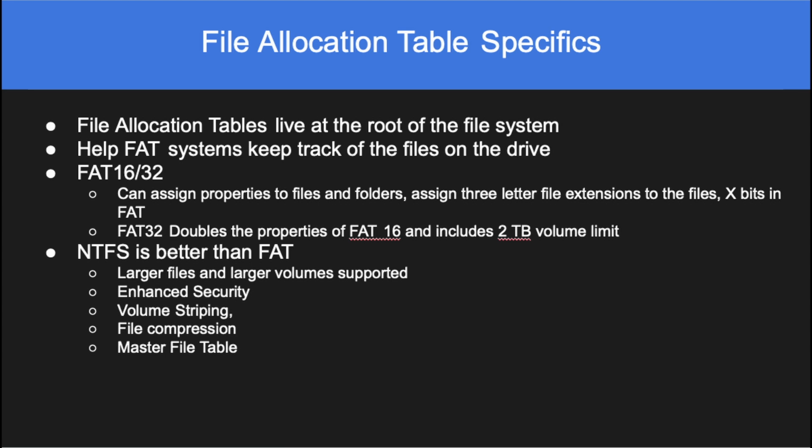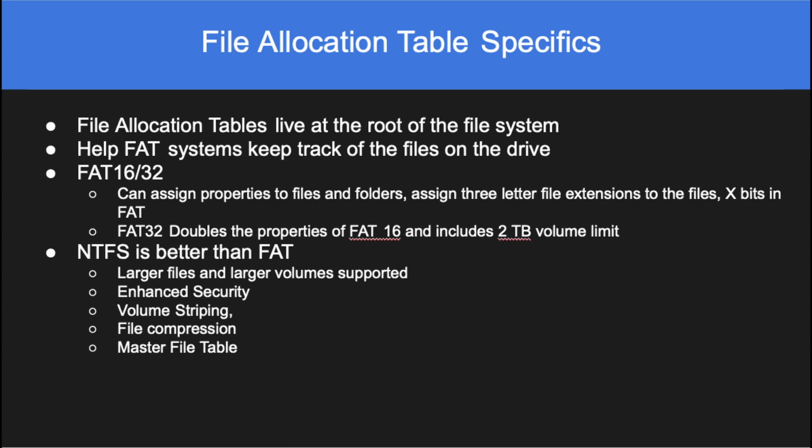These file allocation tables live at the root of our file system in the FAT system, and they help file systems index and keep track of the files on the drive. The main difference between FAT32 and FAT16 is that FAT32 doubles the size in bits of a file allocation table entry, so it virtually doubles the abilities of FAT16.